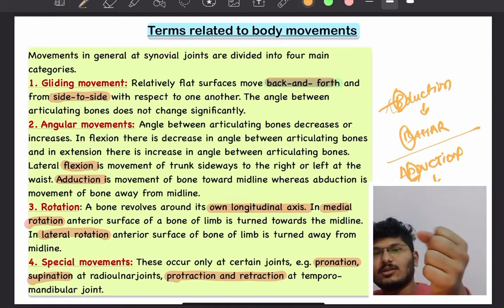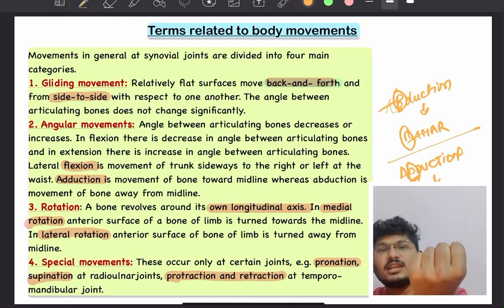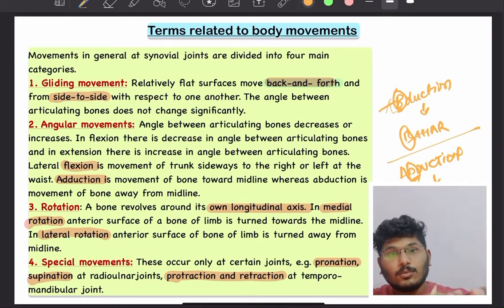If the anterior surface, from the anatomical position, is going away from the midline, this is called lateral rotation.